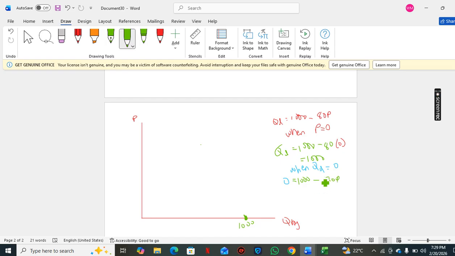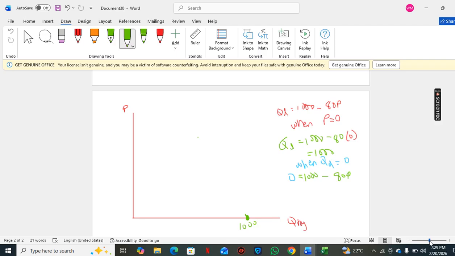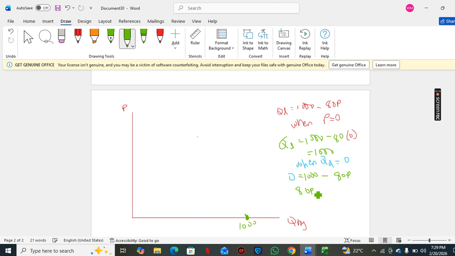Then take this negative 80P over the equal sign, you get 80P equals 1000.